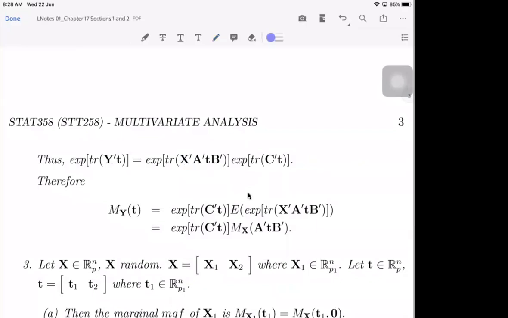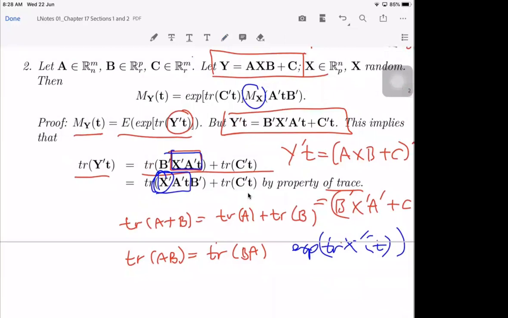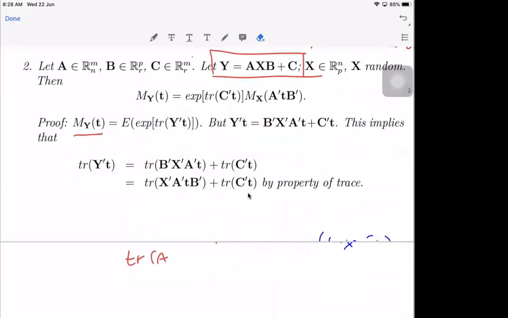Okay, so from the sum, this is your trace of y prime t, and then you get the exponential of it, but this is the sum.